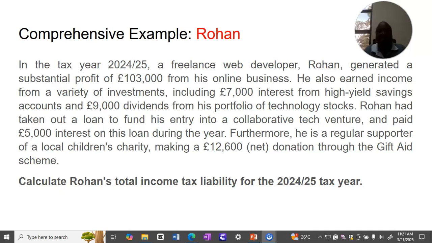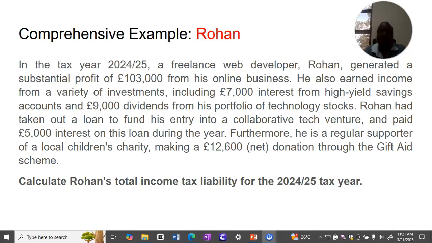Rohan had taken out a loan to fund his entry into a collaborative tech venture and paid £5,000 interest on this loan during the year. Furthermore, he is a regular supporter of a local children's charity, making a £12,600 net donation through the gift aid scheme.